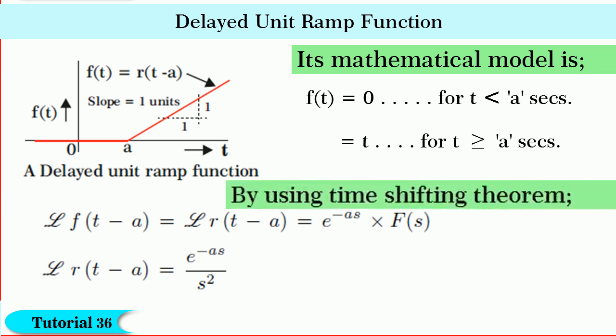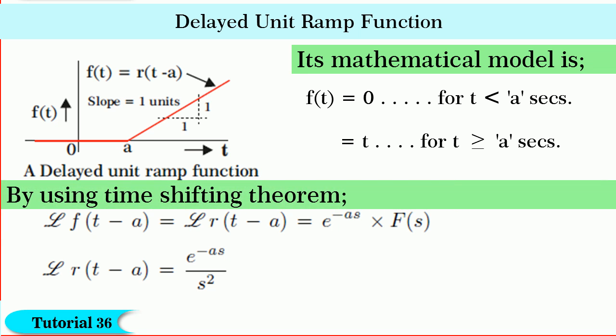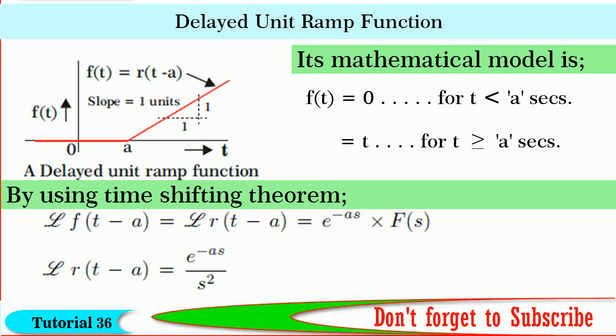By using the time shifting theorem, we get L of f of t minus a is equal to L of r of t minus a is equal to e to the power of minus as into f of s, and hence L of r of t minus a is equal to e to the power of minus as into 1 divided by s square. Hope you have understood it.